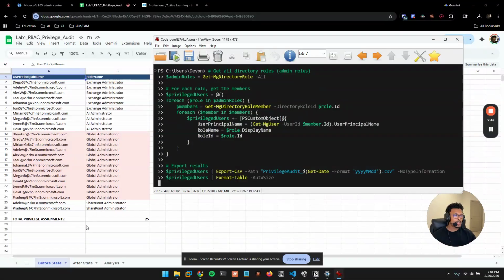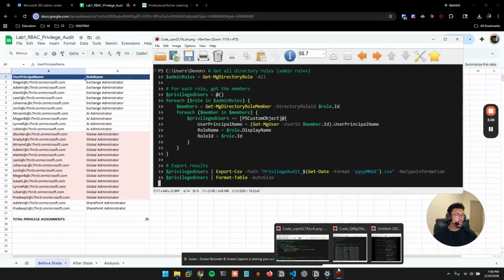Some of the other ones are Teams administrators, your user administrator, your license administrator. So it pulled all of those users, and for those users, it showed me their display name and their role name.